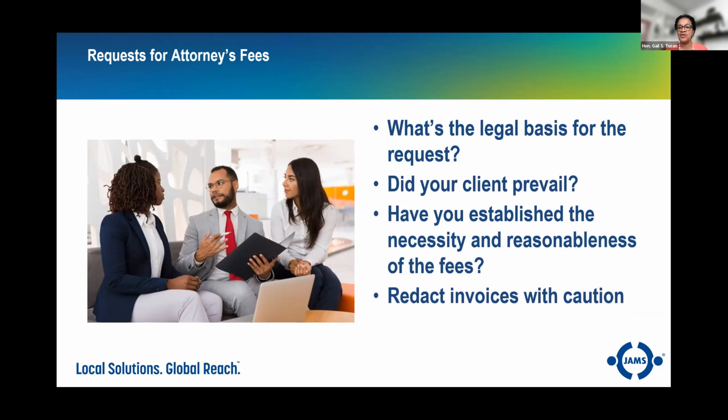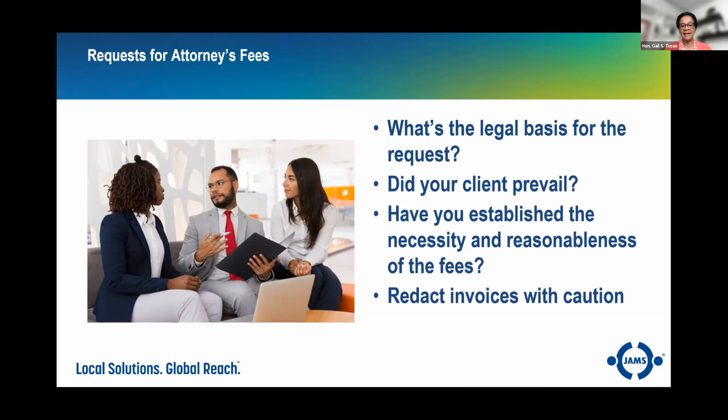But then there's this issue of, well, what did you actually do, and how to allocate the fees to the prevailing claims. And so that takes a little bit of time and study, and the redaction and block billing, those two particular circumstances make it more difficult for the arbitrator to ultimately determine the necessity and reasonableness of the fees.